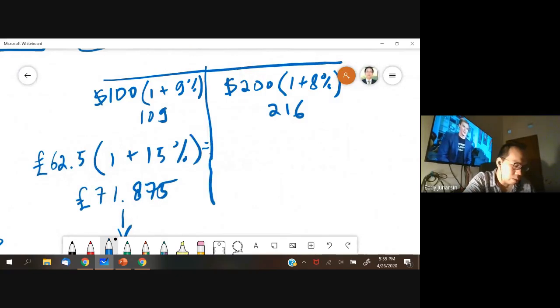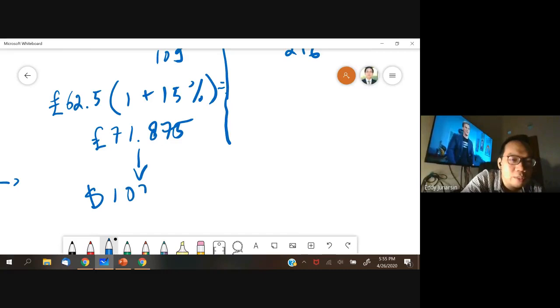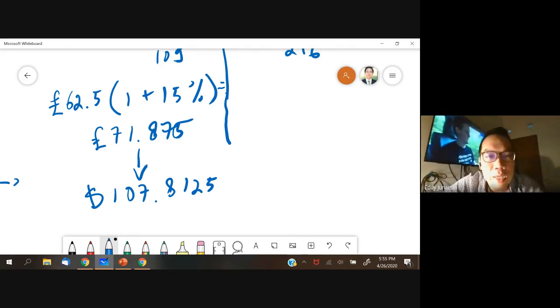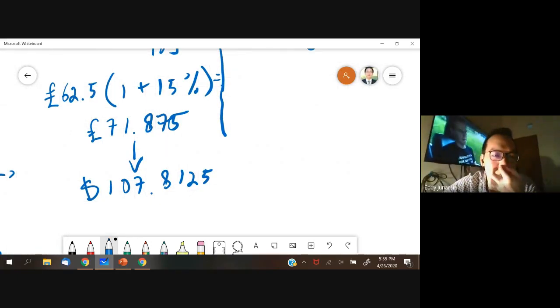So 71,875 times 150. So this is $107.8 million. So you see, when you repatriate the money, your return is not 15%, but only 7.8%, because the money was $100 million.